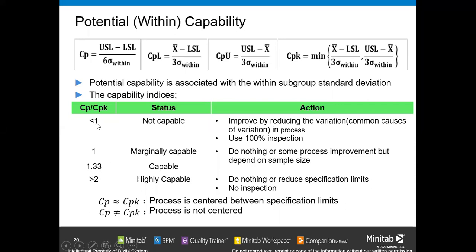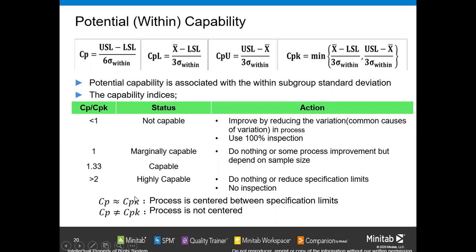If your CPK is less than 1, we consider that the process is not capable, so maybe you need to do some improvement, maybe by reducing the variation, depending on your problem. If it is equal to 1, we consider it marginally capable. Do nothing for this one, but depending on the sample size, maybe you want to improve more, so you go for the improvement.